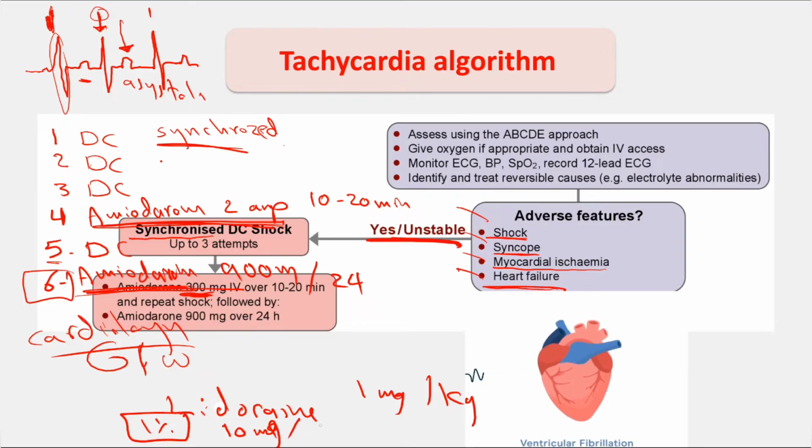If it is 2%, it means each ml contains 20 milligram. So this is the dose of lidocaine, which is used instead of amiodarone sometimes.